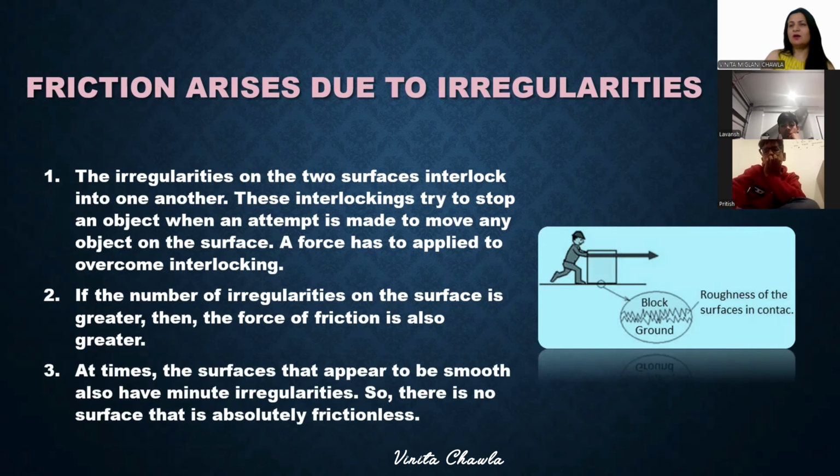Sometimes we feel that it is quite smooth and slippery, but we cannot say that it is ideally smooth or ideally slippery. It is frictionless. These terms we do not use because ideal conditions are not possible. And practically, no surface is perfectly smooth or absolutely frictionless. It is impossible. Okay. Yes, ma'am.